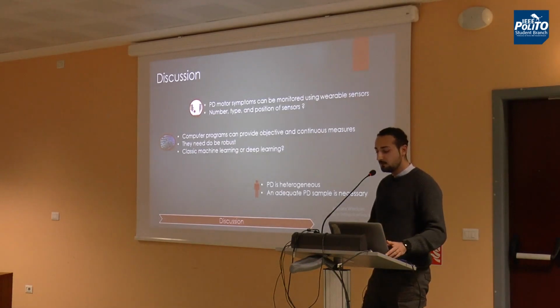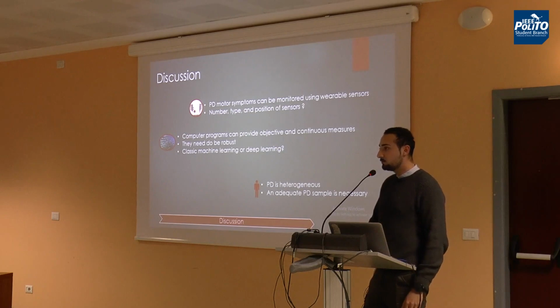So, summarizing, we can say that we can monitor Parkinson's disease using wearable technology, but we have to decide the number and type of sensors, and also the position on the body. And also, we know that computer methods can provide very accurate measures, but at the same time, they need to be robust.